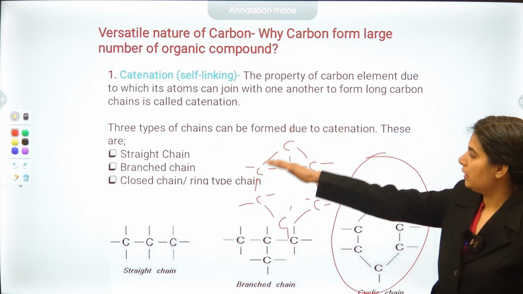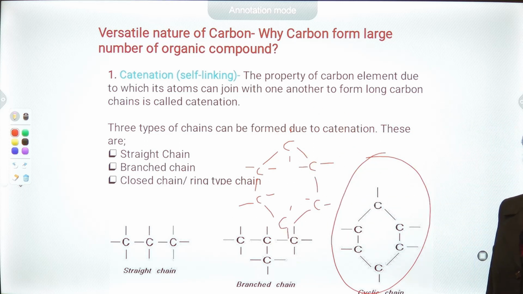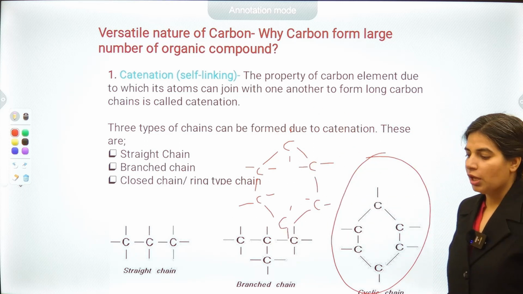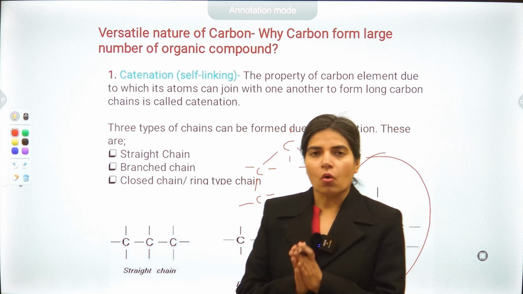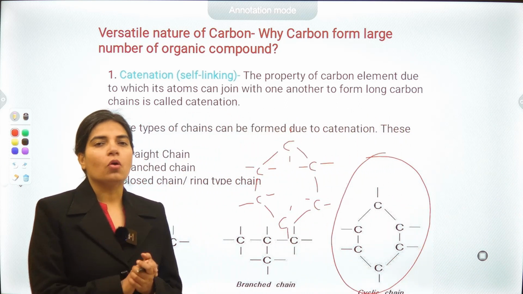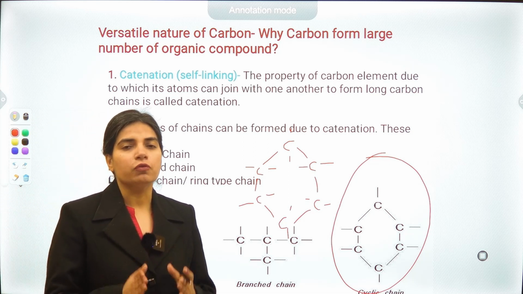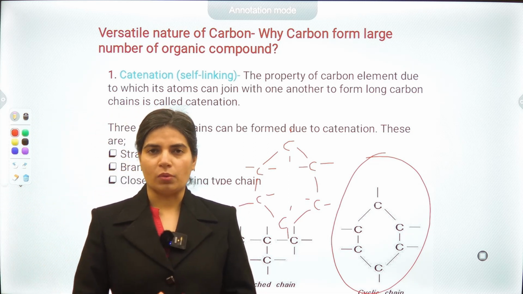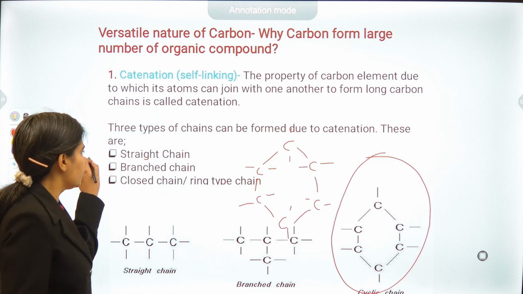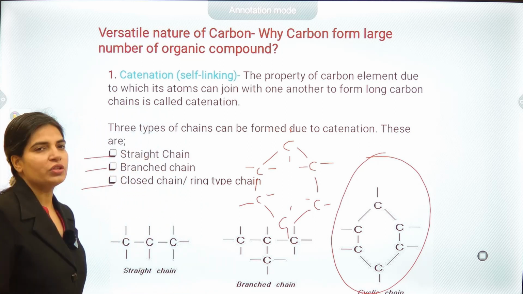So this is the ring structure of carbon atoms. Because of this self-linking property, carbon is able to form a number of organic compounds. Carbon forms straight, branch or closed chains.